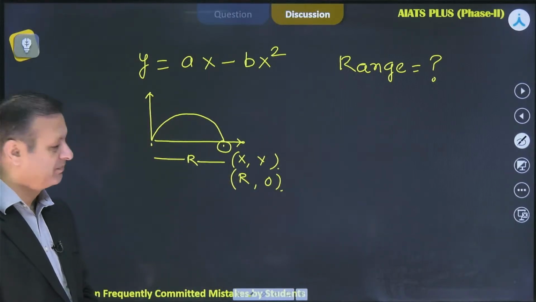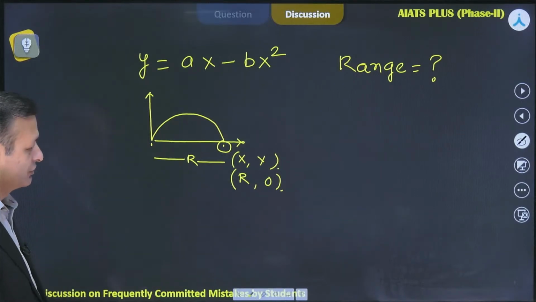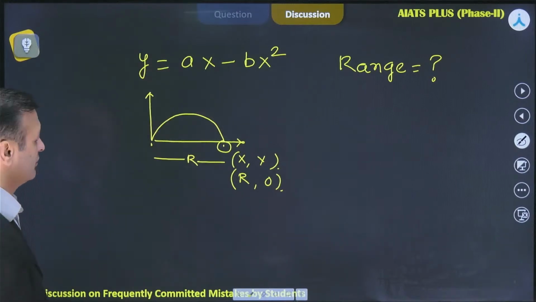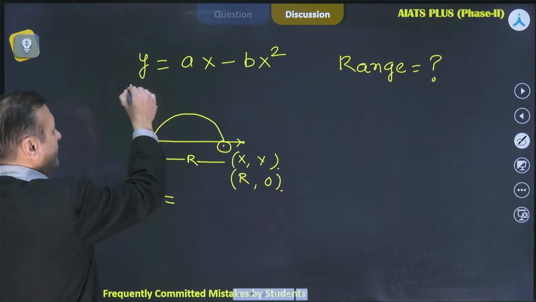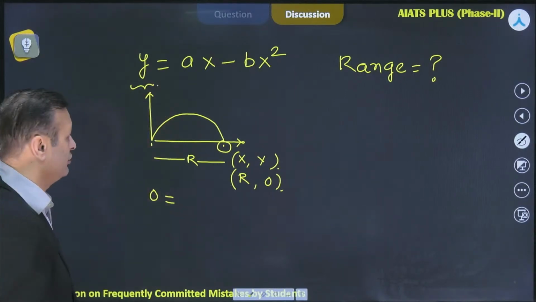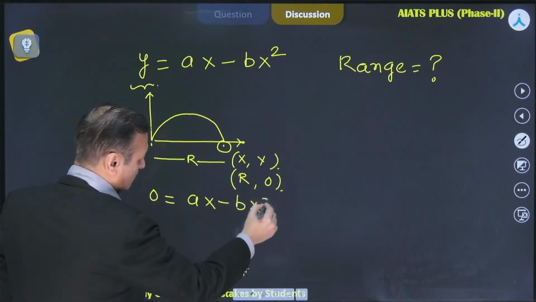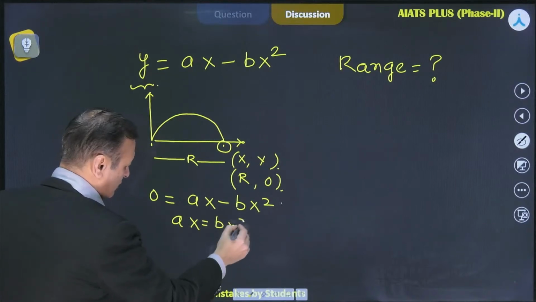This is again one of the easiest formats to solve this kind of question. So now this is the concept I am going to apply. You are saying the y coordinate is 0. So shall I put y as 0 in this equation, and this is equal to ax minus bx square. So it means ax is equal to bx square.